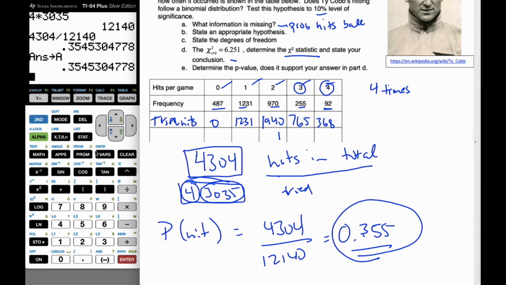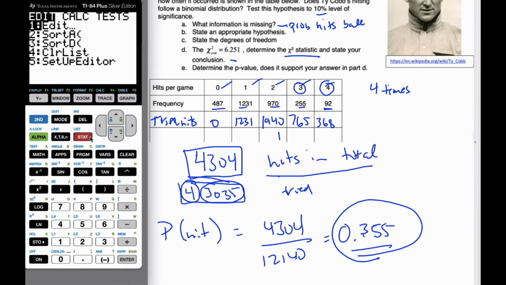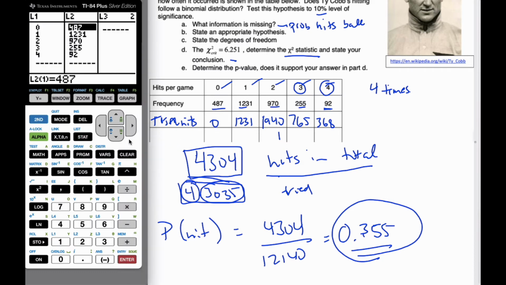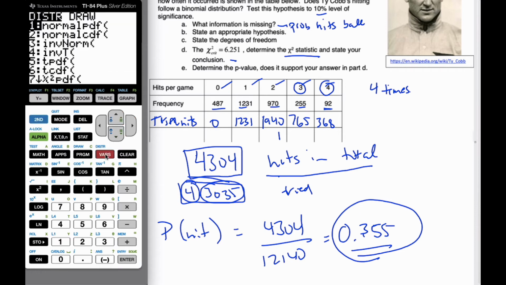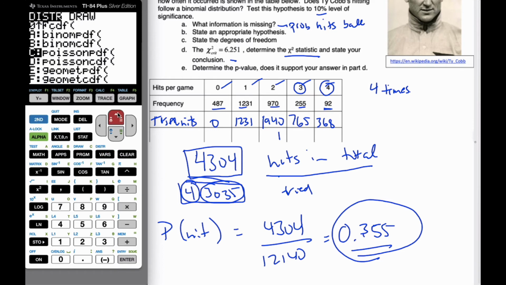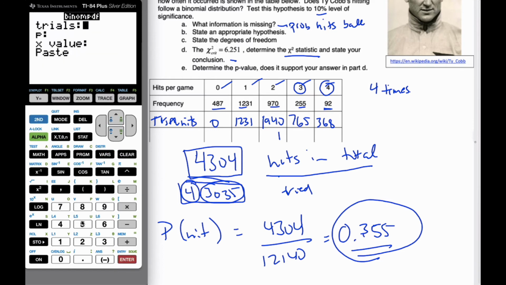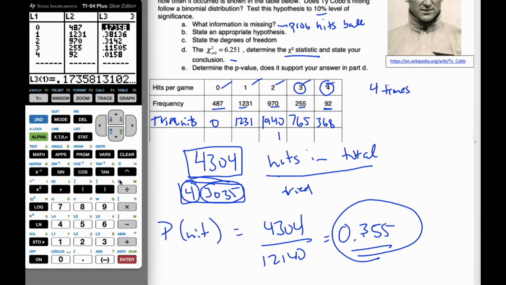Well, in order to do this, we have to fill out what our expected values are. And so going here, I'm going to use my binomial distribution. I know my binomial distribution is going to be PDF of 4 trials, and my probability is alpha A, and I'm going to refer to L1 and place them into here.